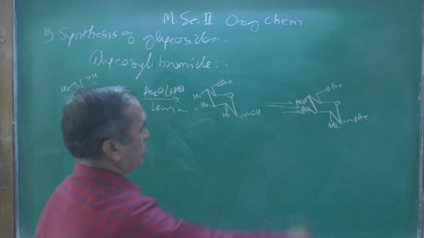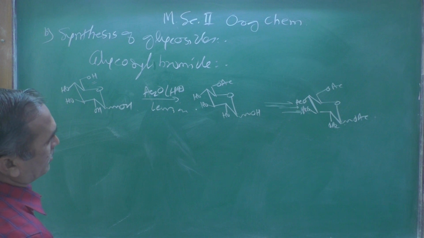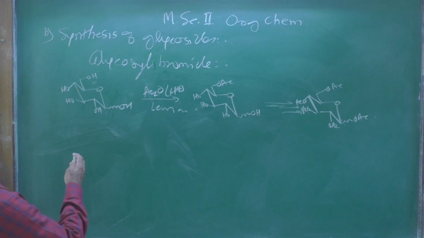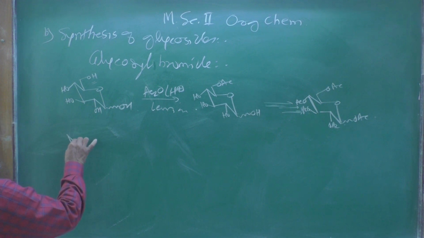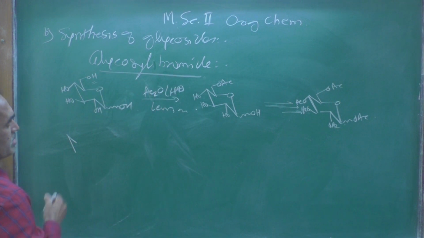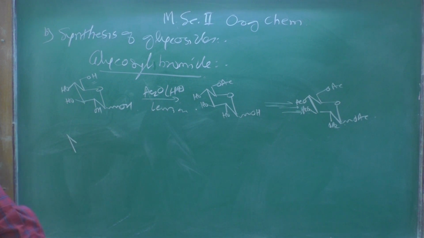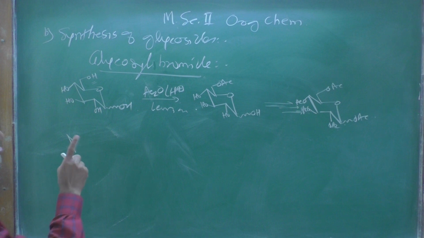Suppose now we have all the groups protected. I am going to show over here how that glycosyl bromide is achieved. First, we carry out this reaction in the presence of the Lewis acid.